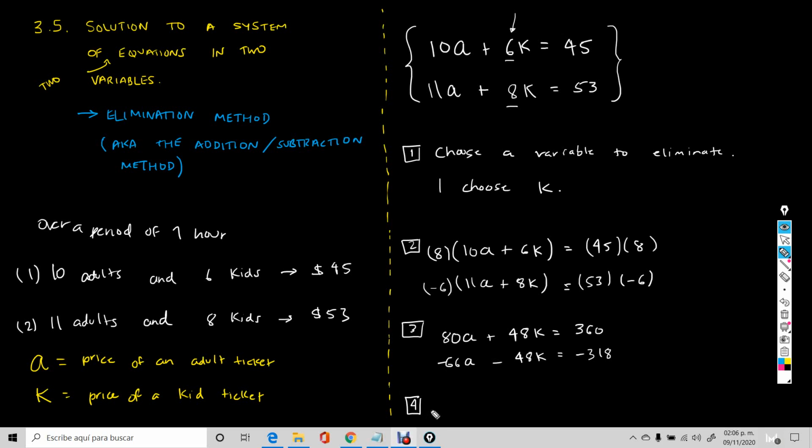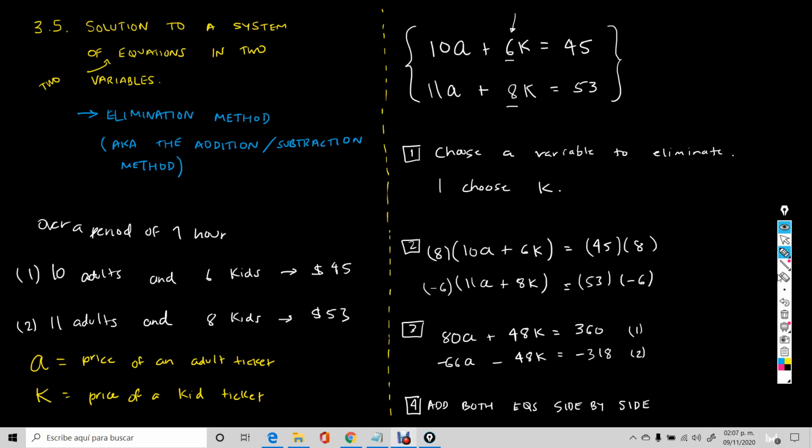What you're going to do next is add both equations, this one and this one. By the way, like I always tell you, we need to label them. We're going to add both equations side by side. What does that mean?